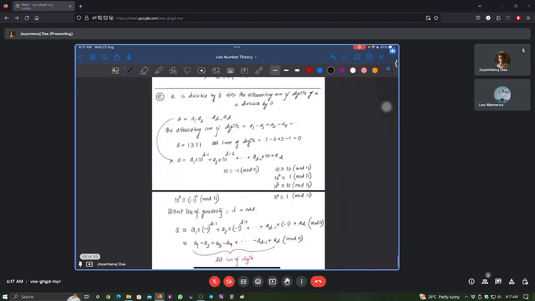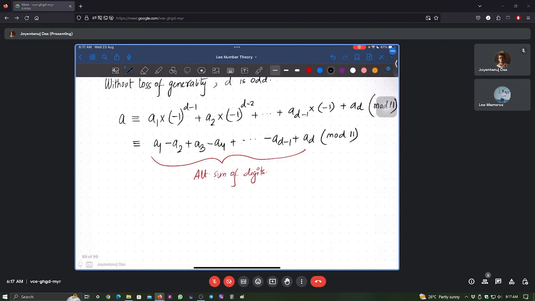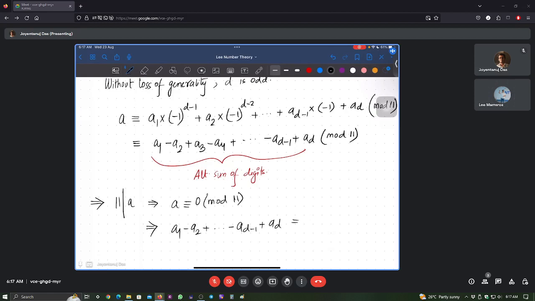Now suppose A is divisible by 11, so suppose 11 divides A. This implies that A is congruent to 0 mod 11. So now we can take this alternating sum, and this one is also 0 mod 11.